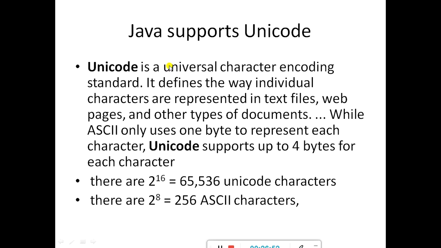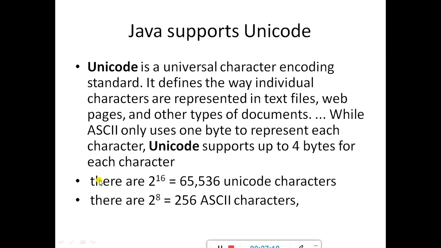So Unicode is a universal character encoding standard, and all the characters which are available can be stored inside a Unicode character type. While ASCII only uses 1 byte to represent each character, Unicode supports up to 4 bytes for each character.